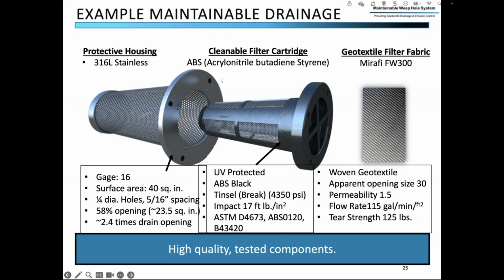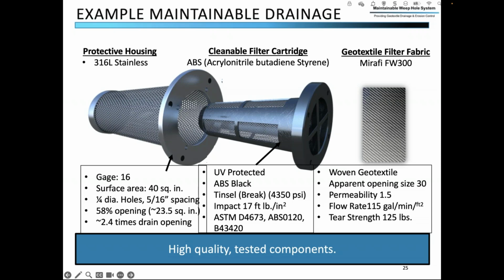So I am holding up what you see in the picture here. This is what we call a maintainable weep hole filter. It is basically a 316L stainless steel housing with perforations in it. This installs into any existing or new weep hole. So it's installed here, fastened to the wall.